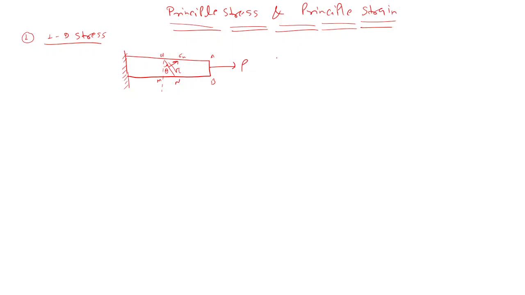Let's suppose the area of this is A. We are defining sigma as P by A. So in terms of sigma, what would be sigma n? Can anyone tell?